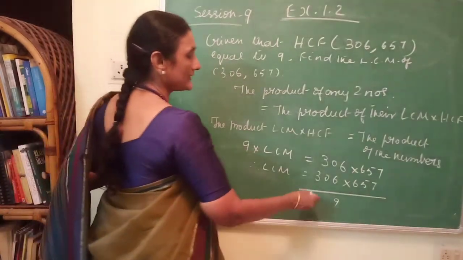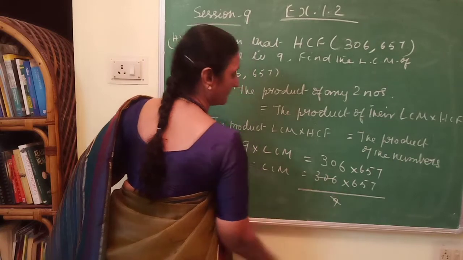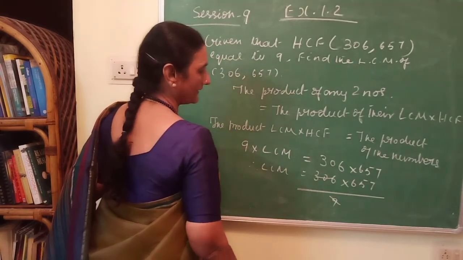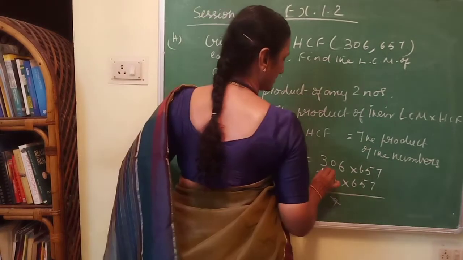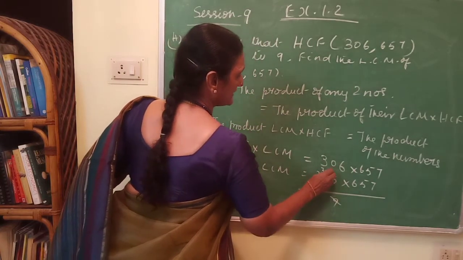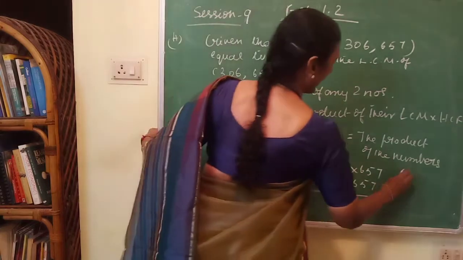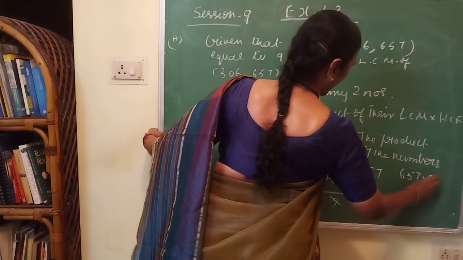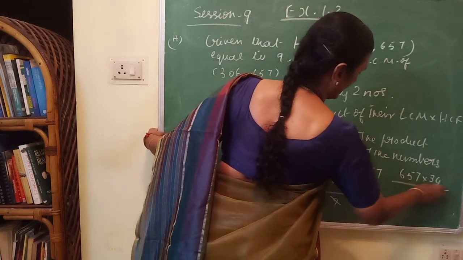Now this is HCF, therefore both the numbers are divisible by 9. So if you do so, you will get 9 2s, 9 3s are 27, 3 and 6, 34. So 657 multiplied by 34 is the LCM.